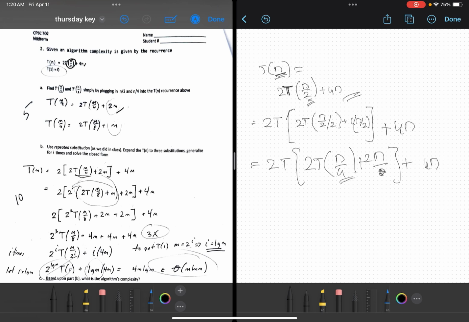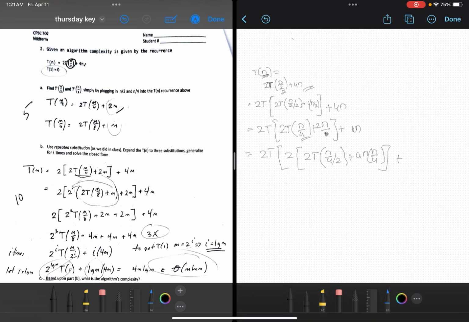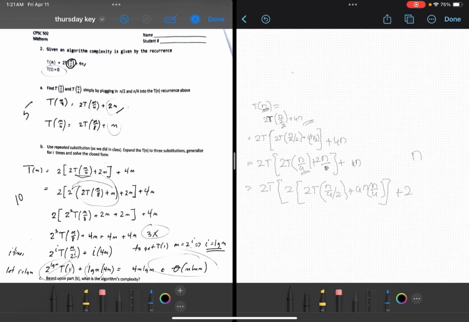And here I have T of n by 4 again, and I can again substitute and get 2 times 2T of n by 8 plus 4n by 4, that is n, plus 2n, plus 4n.